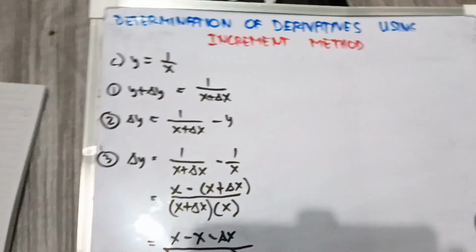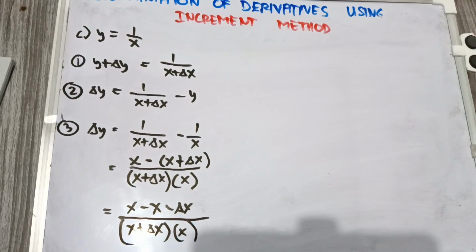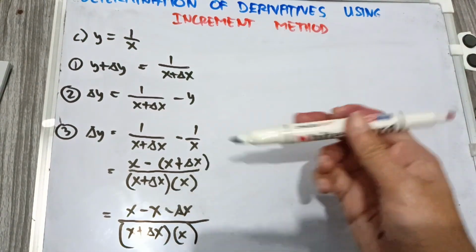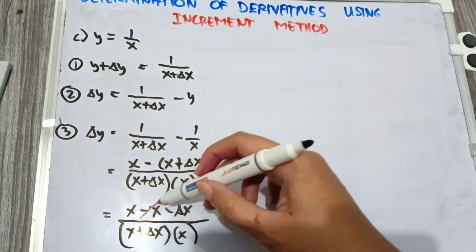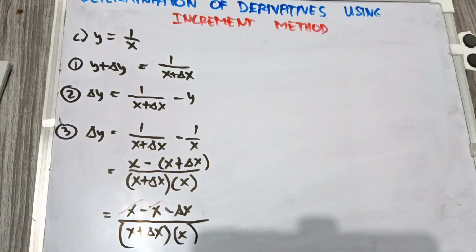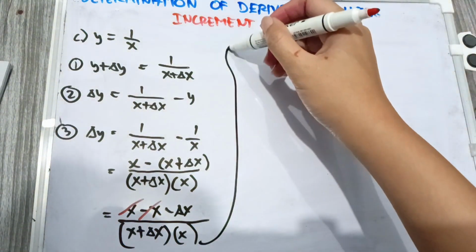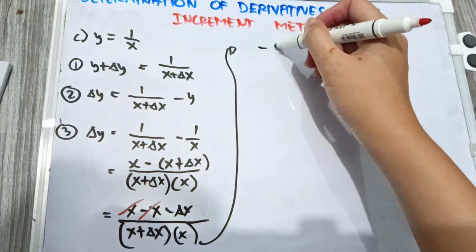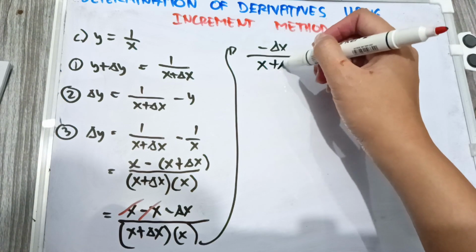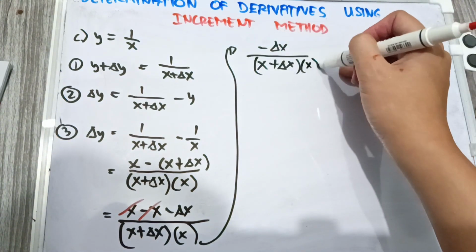Then let's cancel this one. X minus x is 0. So the remaining is negative delta x all over x plus delta x times x.